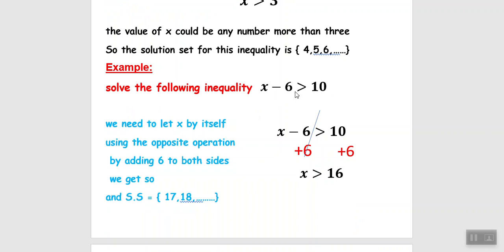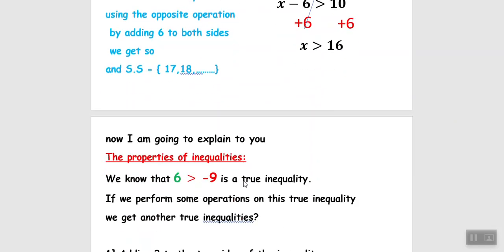Since x has a subtraction operation, minus 6, by adding 6 to both sides, we get x by itself on the left side, because negative 6 plus 6 equals 0, and on the right side 10 plus 6 equals 16. So we get x is greater than 16. And the solution set will be any number more than 16: 17, 18, 19, and so on.